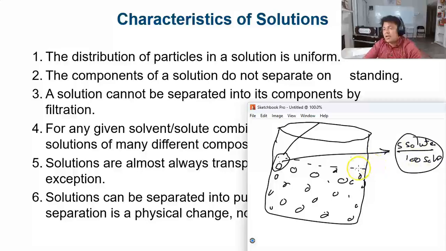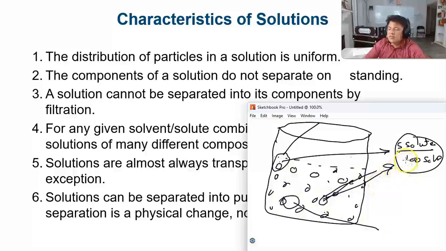That's just an example. If you take one spoon from somewhere else, it will also have the same. Or, for example, you take the solution drop-wise. The first drop has, for example, a 5 molar concentration of sodium chloride.